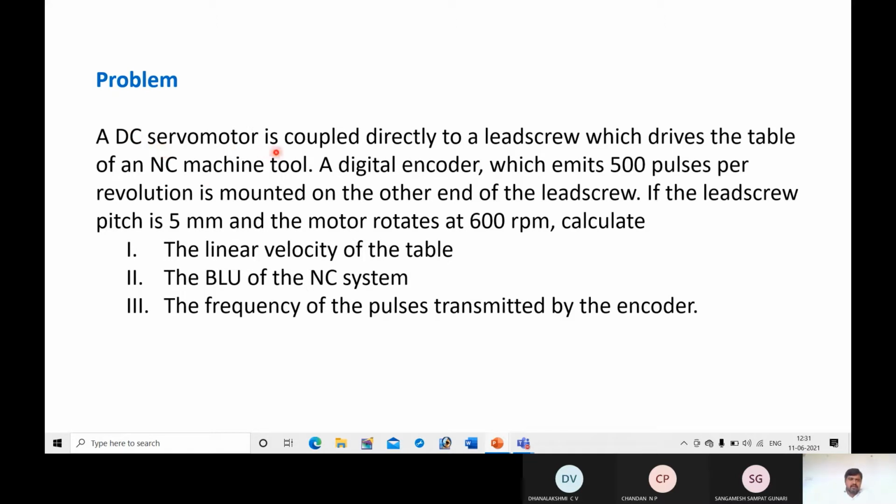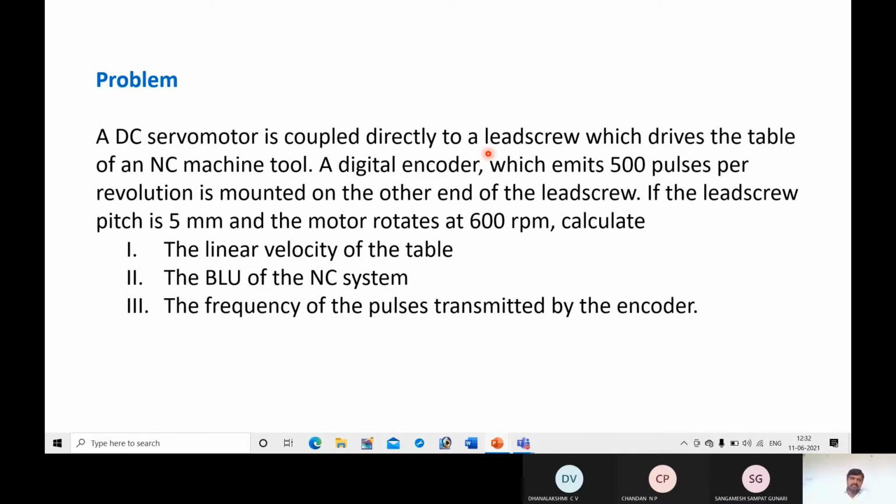A DC servo motor is coupled directly to a lead screw. So we are using a lead screw to convert rotary movement of the motor into linear movement of the table. Gears are used in order to step up or step down.